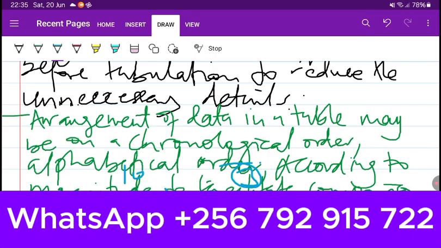So this creates a mechanism for comparing the information. It lets the respondent compare the information even before you do any mathematical computation. So those are some of the principles that you need to understand as you are providing tables.